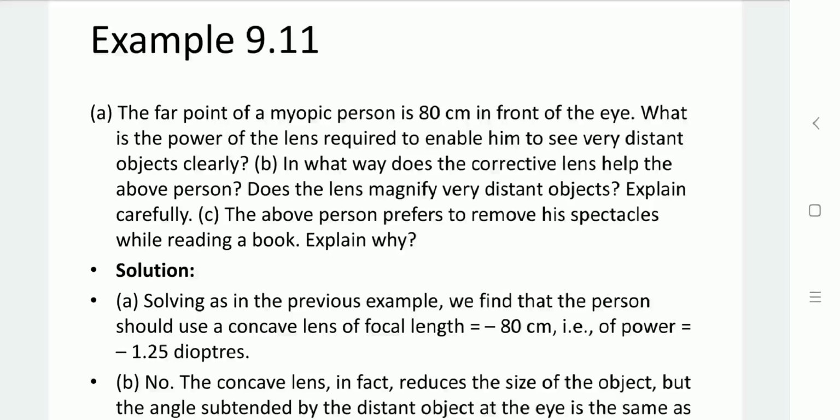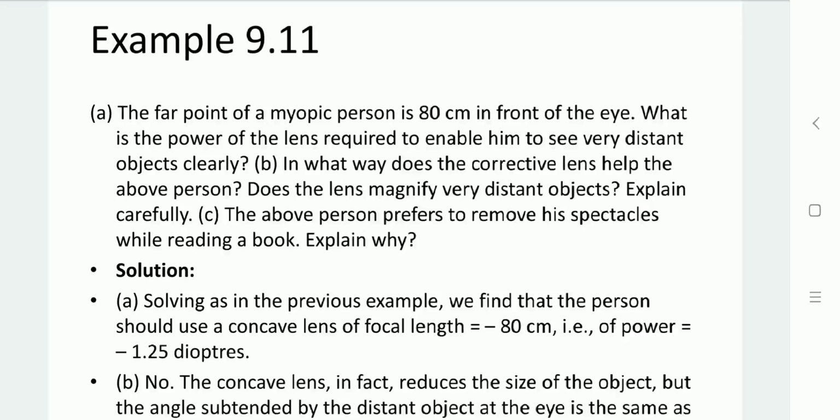Here, as we can see in the previous example, we can find the focal length, that is 1 by f equal to 1 upon v minus 1 upon u. And here we have v as 80 centimeter and u, that is in general 25 centimeter.